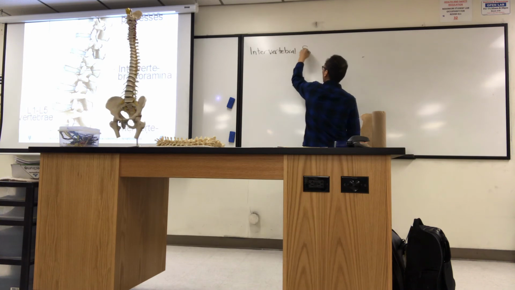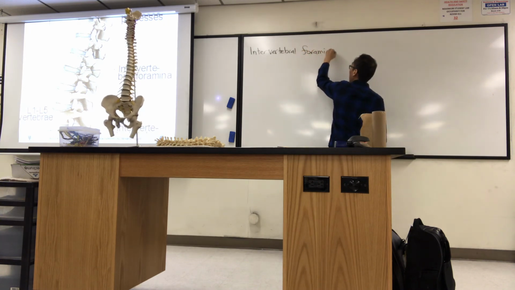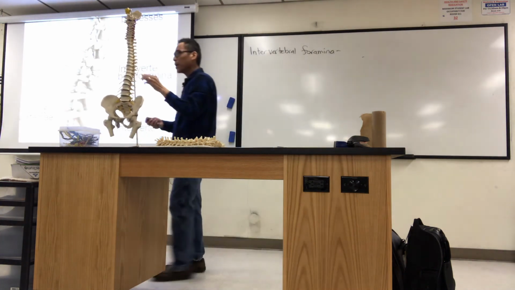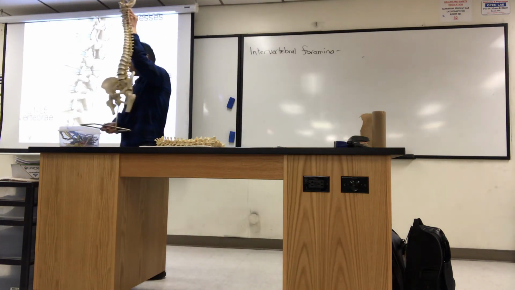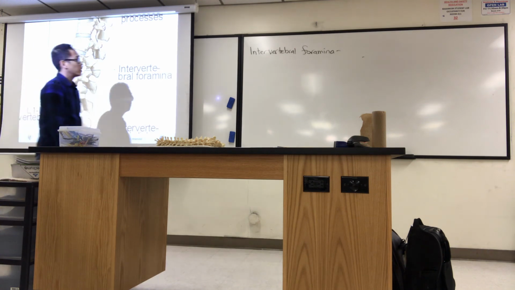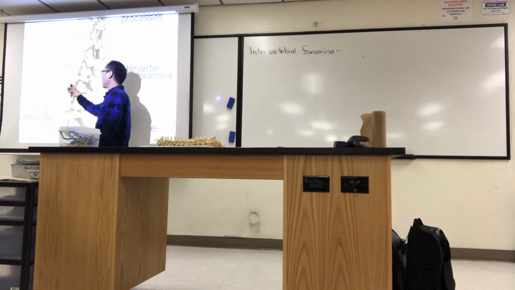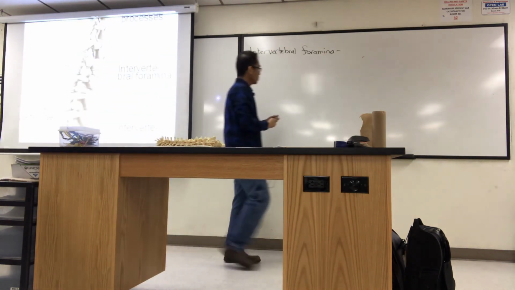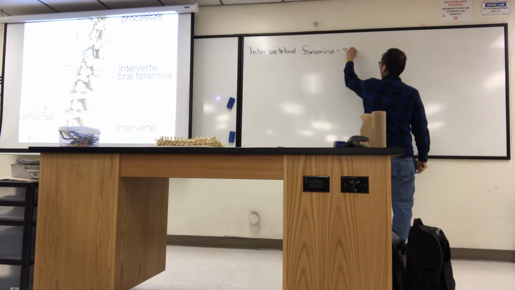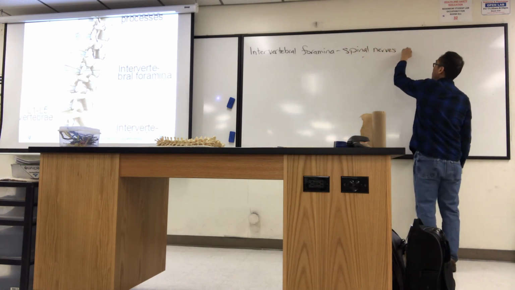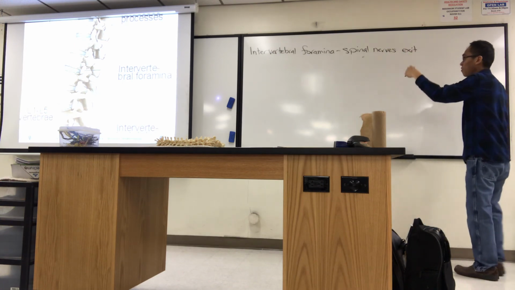A foramen is a hole, so foramina are small holes. Now in this picture they show the wedges in there, the little fibrocartilaginous intervertebral discs. Spinal nerves exit the vertebral column here.